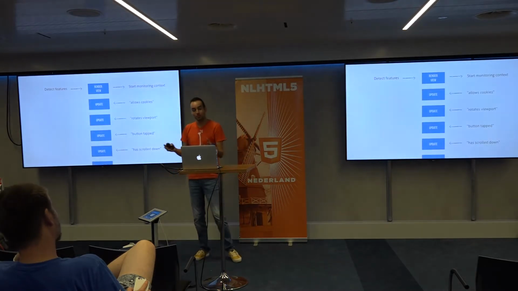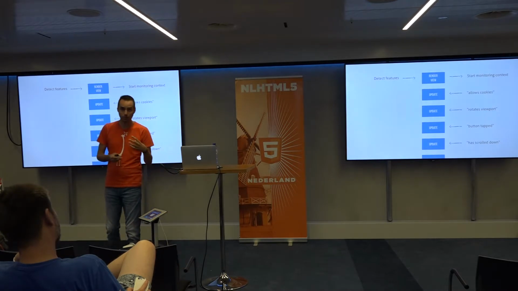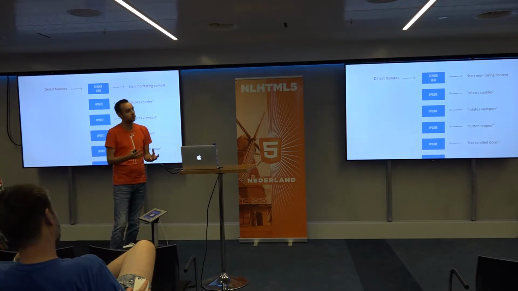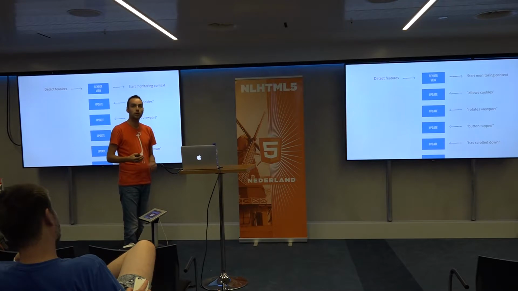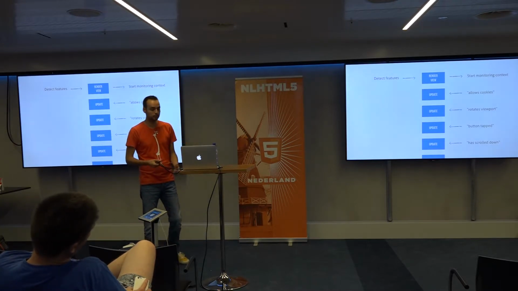So when we start monitoring context, we can do this. So we still detect our features. We might have a mustard cut in there to determine if we can load JavaScript, or if this is a really old browser. And then we render the view, and we start monitoring the context the user is in.